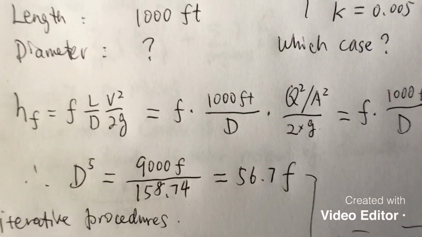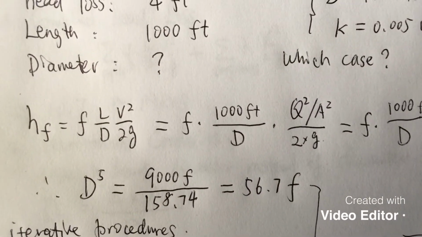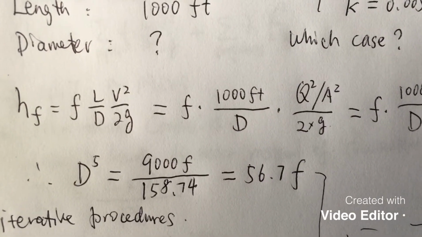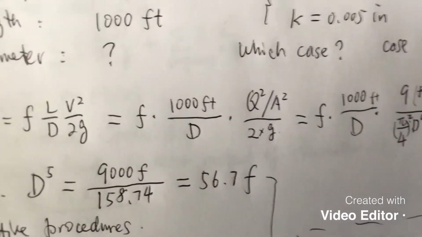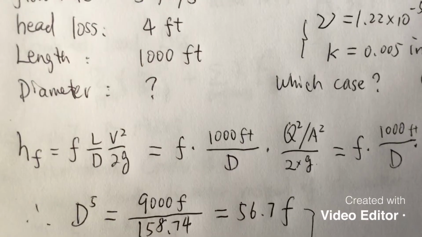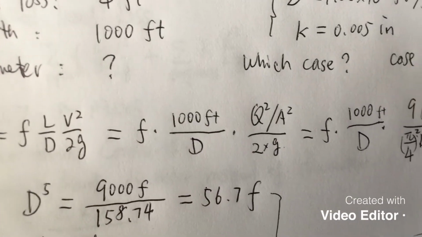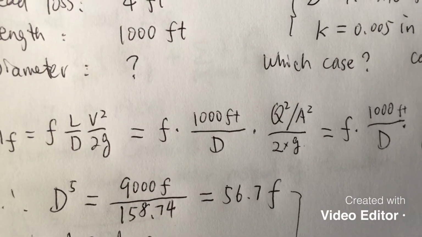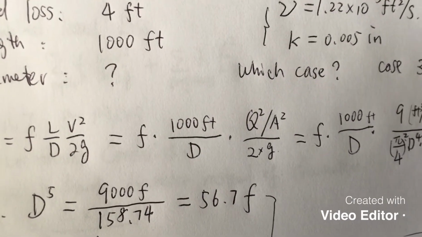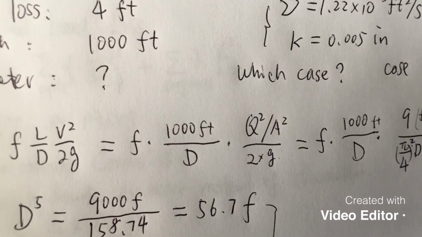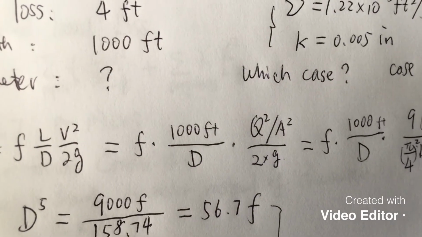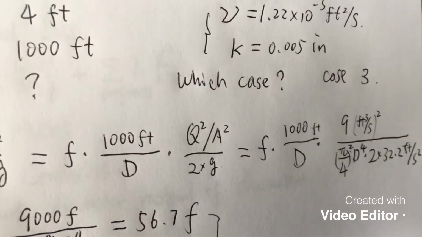You use the Darcy-Weisbach equation for this. The diameter is there, so we start with this equation. HF is given, 4 feet, which equals F times 1,000 length over D, times V squared over 2g. D we don't know. V is Q divided by A, so V squared is Q squared divided by A squared.